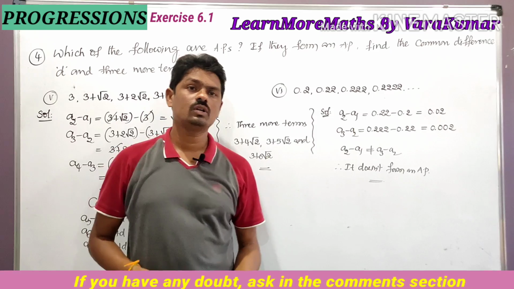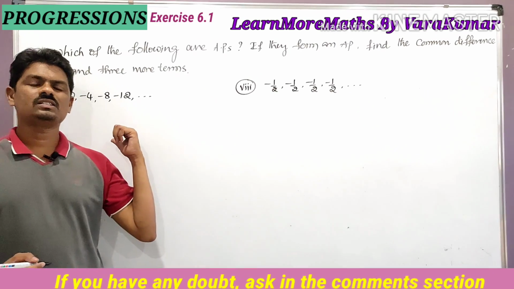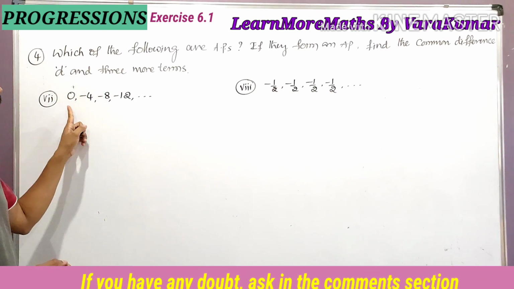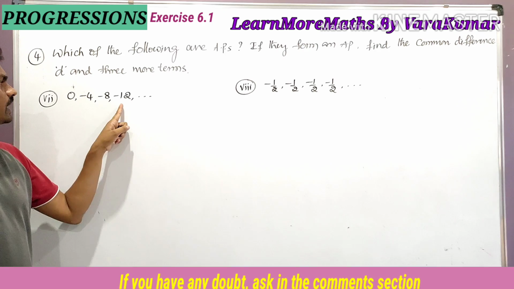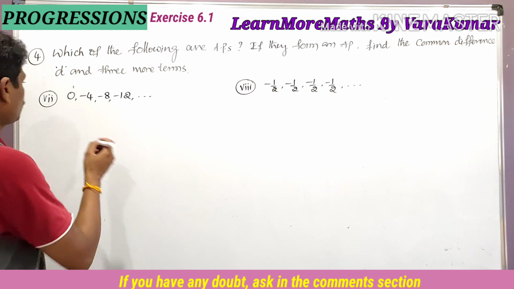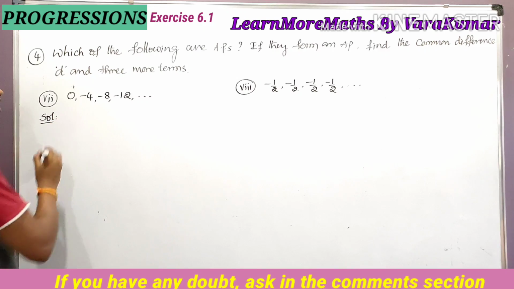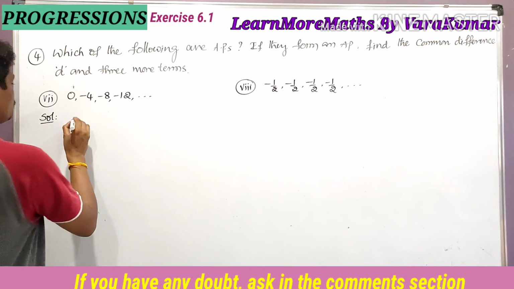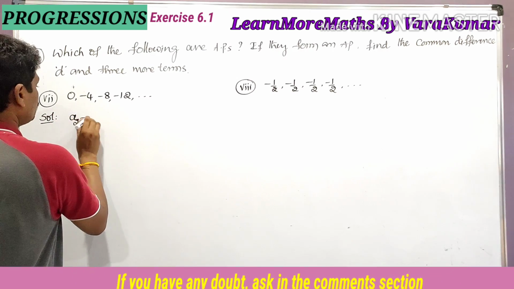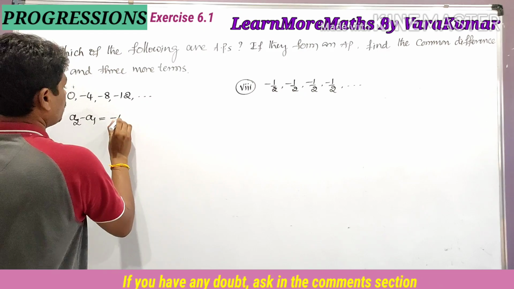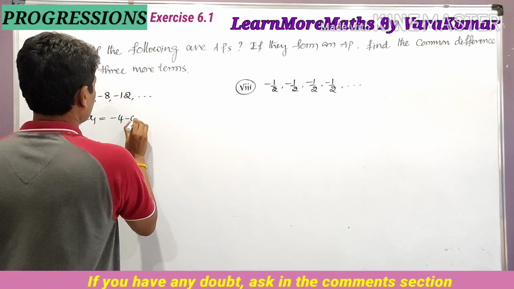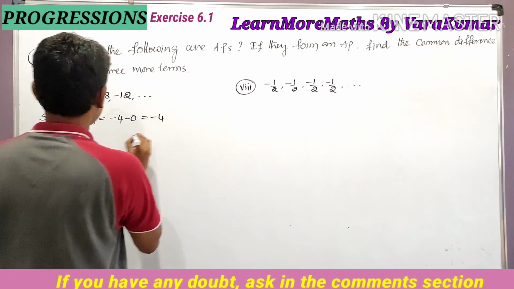Next we have to solve the 7th. Student, this is the 7th bit in the 4th problem. 0, minus 4, minus 8, minus 12 and so on. Again we have to find whether it forms an arithmetic progression or not by finding the common difference of successive terms. So I am finding a2 minus a1 is equal to: a2 is minus 4 minus a1 which is 0, that is minus 4.